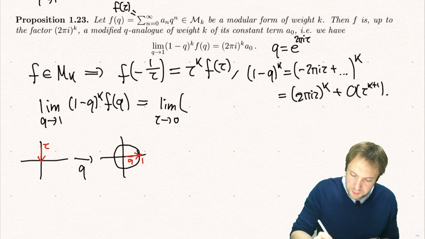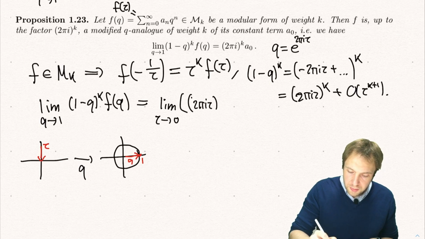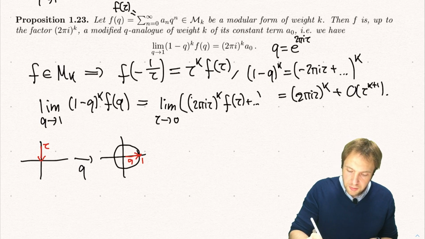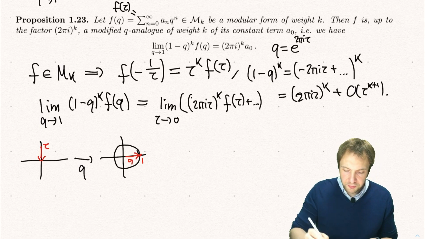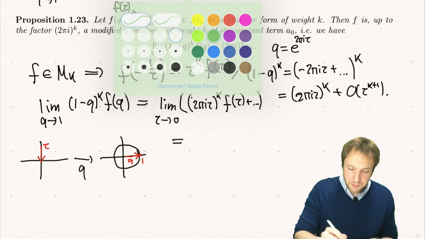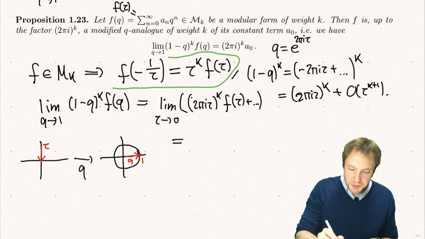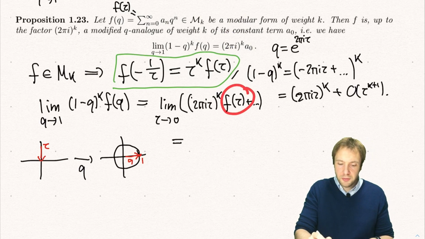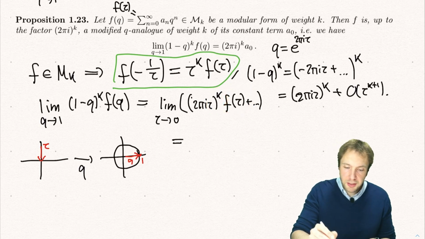So this is some (2 pi i) to the power k f of tau plus the rest. The rest will vanish, as we will see in a second. And now we can use this transformation property here, because here we have f of tau times tau to the power k.